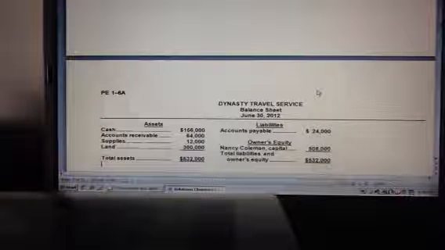On the left-hand side of the balance sheet, you list all of your assets. This company's assets consisted of cash, $156,000, land, $300,000, supplies, $12,000, and accounts receivable of $64,000. Total assets are $532,000. On the right-hand side of the balance sheet are the liabilities and owner's equity.